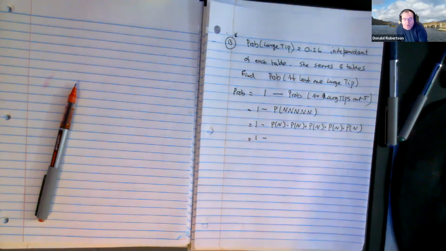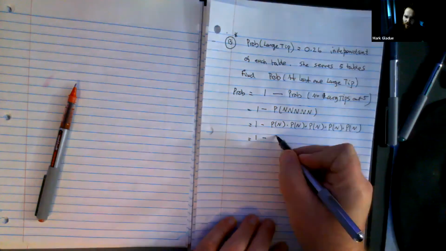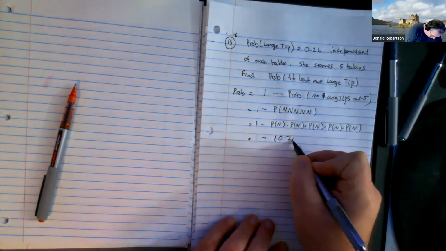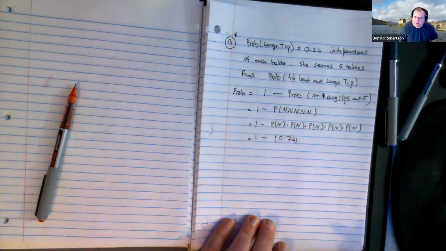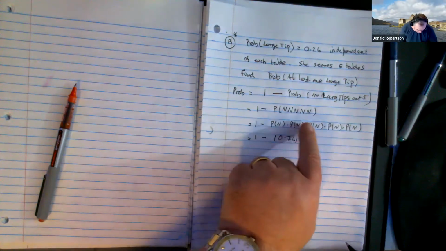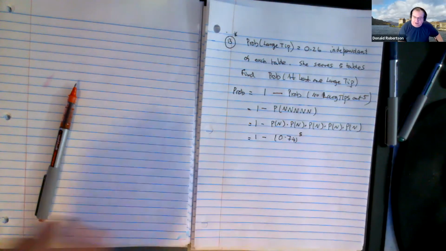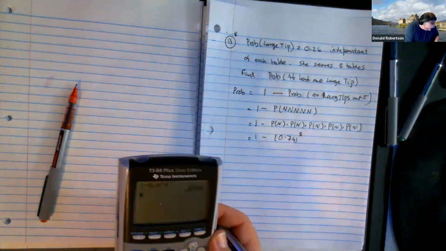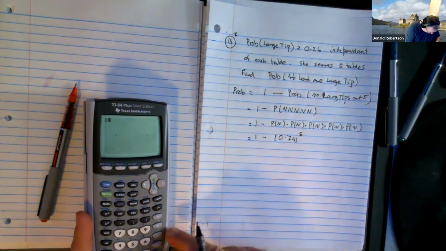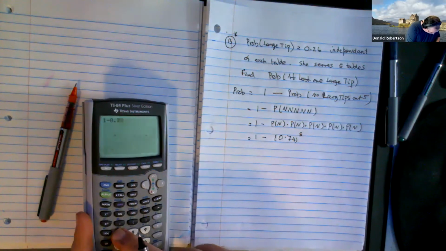What is the probability that she doesn't get a large tip? 0.74. And you got that by just taking that away from 1, right? And since there's 1, 2, 3, 4, 5 of these, can't we do that? Make the calculations quicker. And so we now have 1 take away 0.74 raised to the power of 5.